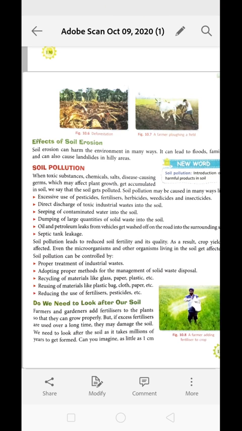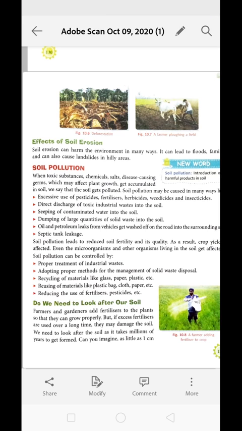Next, soil pollution can be controlled by, first, adopting proper methods for management and disposal of solid waste. Proper treatment of industrial waste. If we treat the waste properly, removing all the toxic material from it, then it will not cause any problem for the soil. If we adopt a proper method to manage solid waste, it will be completely disposed of.